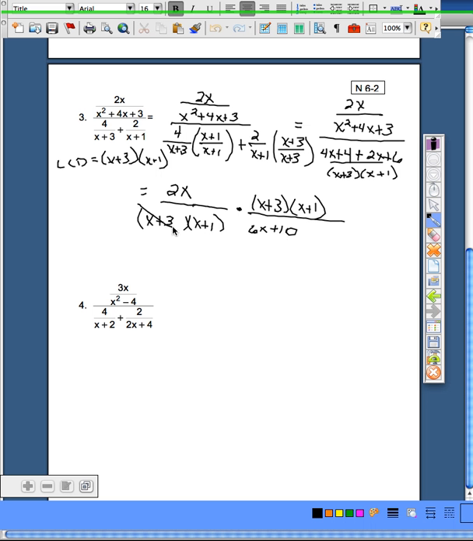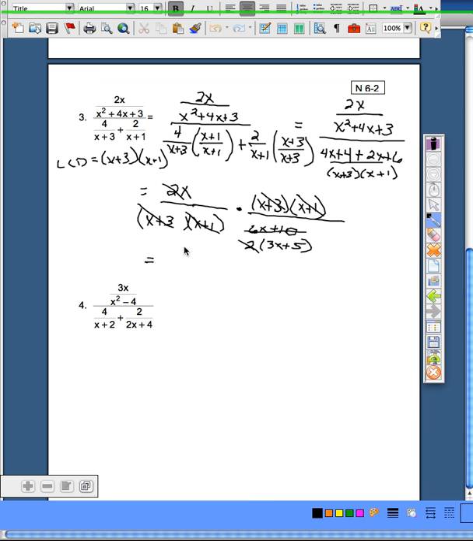Okay, now we see right away that these factors can cancel. Now the 6x plus 10 can further factor. We can factor out a 2, and then that'll be 3x plus 5. And that's the same as this, so it's going to take its place. When we do that, this 2 can cancel.